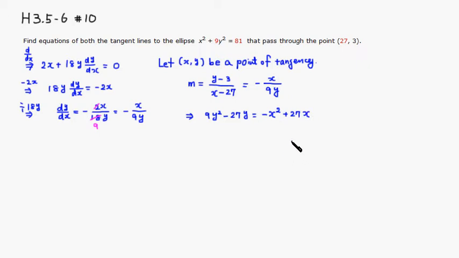You'll notice there's a negative x squared here, so I'm going to move it to the other side by adding x squared.